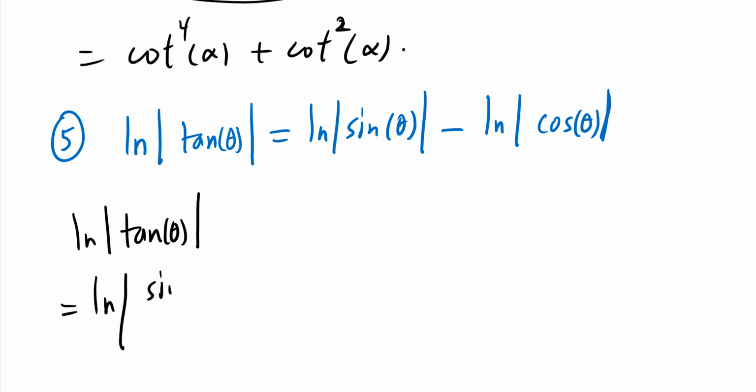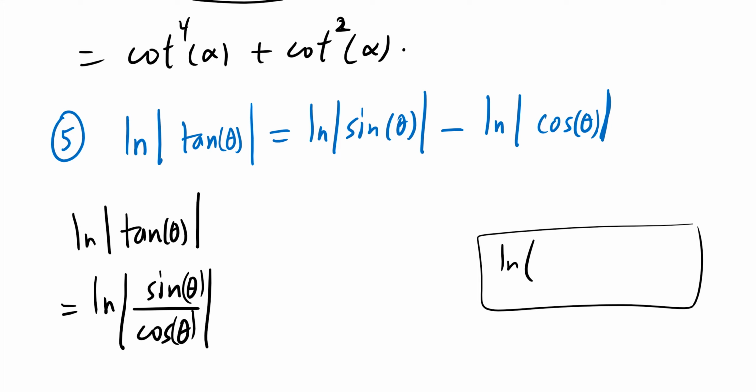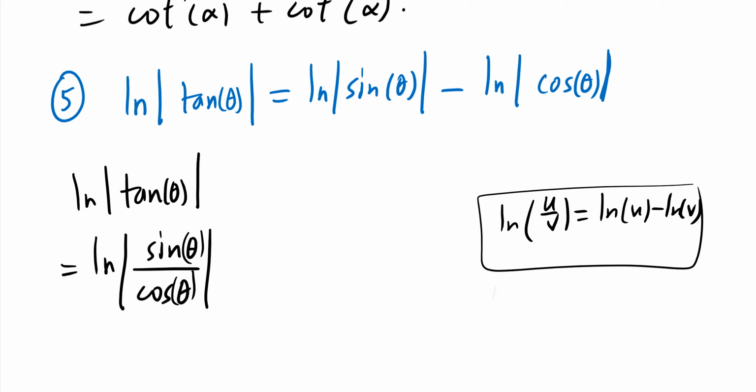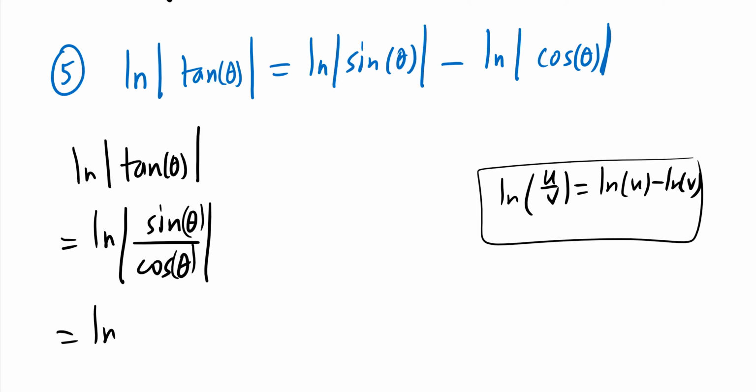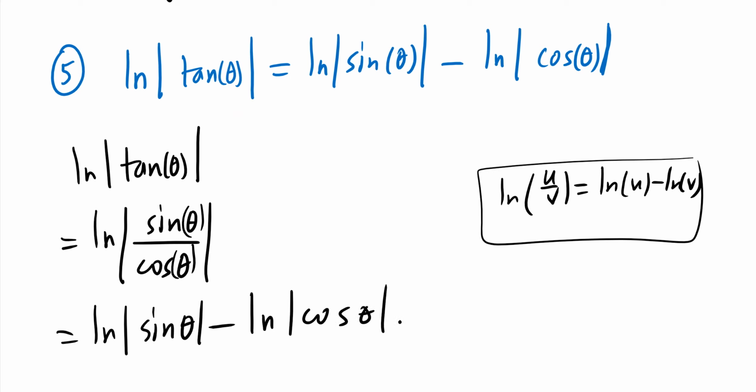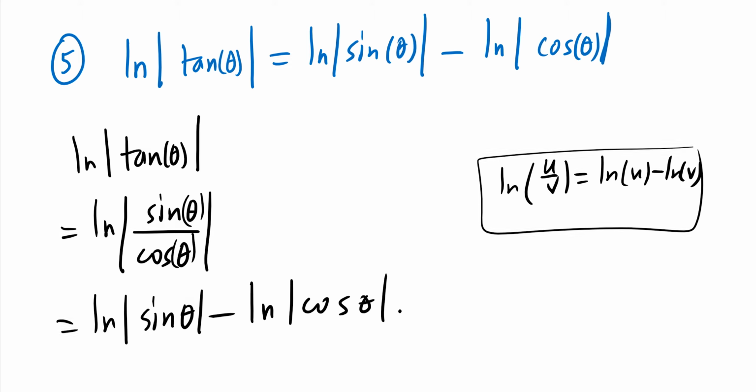Tangent is sine over cosine, so sine theta over cosine theta. And we know that one of the properties of natural log, if you have u over v, is natural log of u minus natural log of v. So we can use this here: natural log of the top minus natural log of the bottom. And that proves it. Not that difficult.